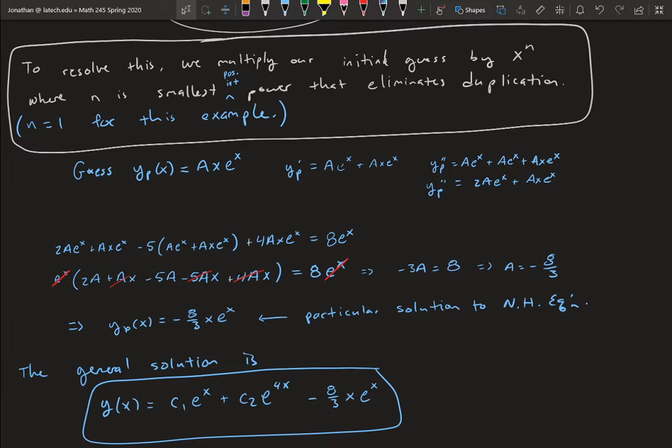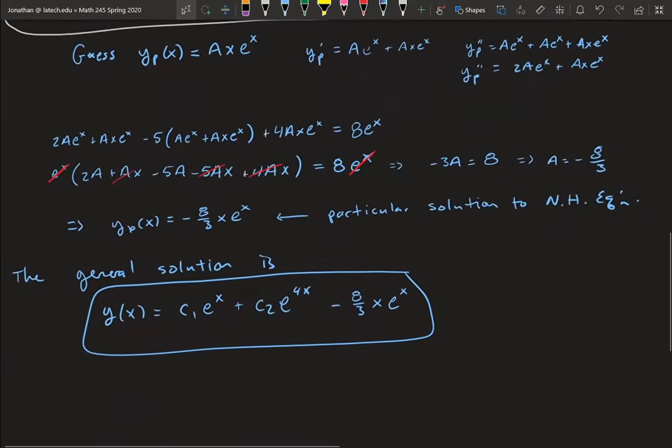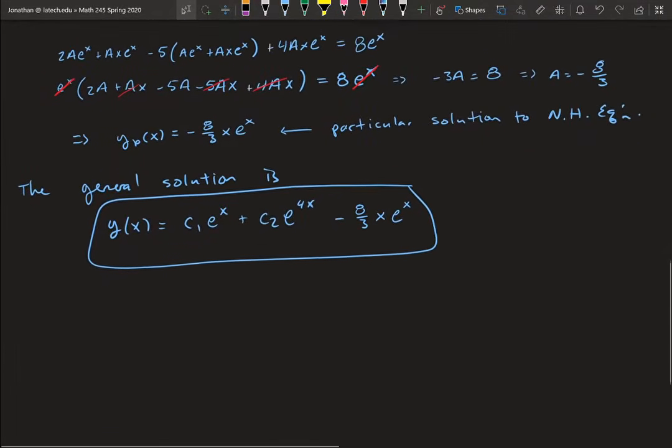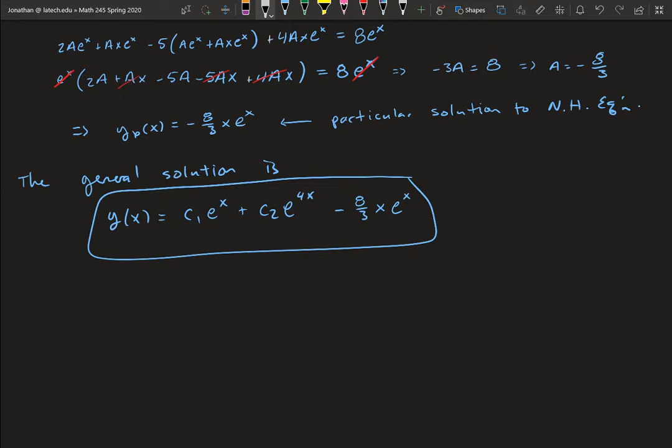One thing I want to point out is if you need to solve for C1 and C2, note we cannot find C1 and C2 until we've formed the general solution.